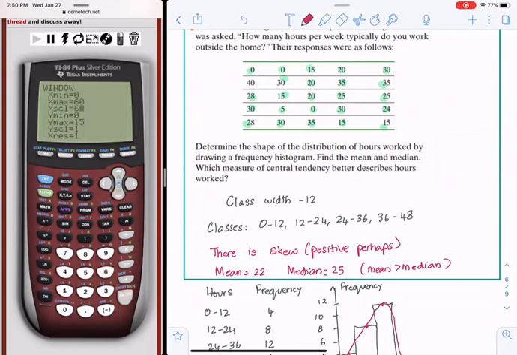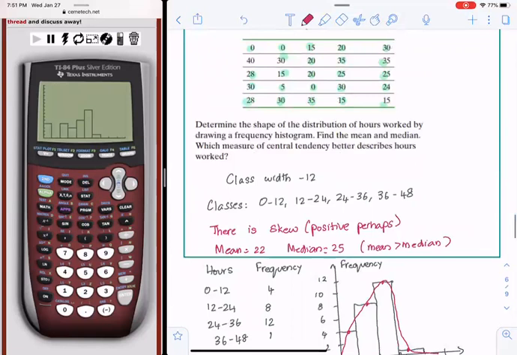Reduce the class width to 6, and we still cannot see a good skew here. So even though I said perhaps changing class width might help, I tweaked it a bit, but it's still not conclusive.